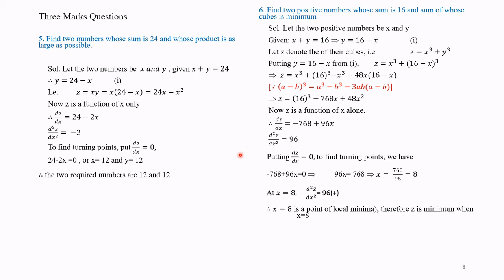Putting x is equal to 8 in equation 1, we get y is equal to 16 minus 8, that is also equal to 8. Therefore, the required numbers are 8 and 8.